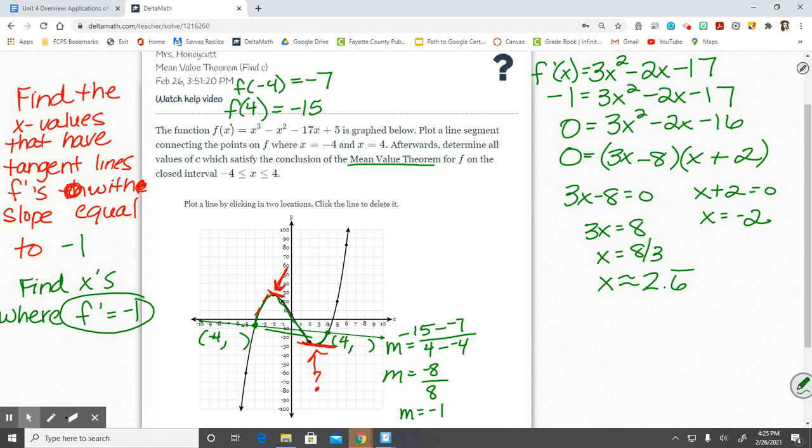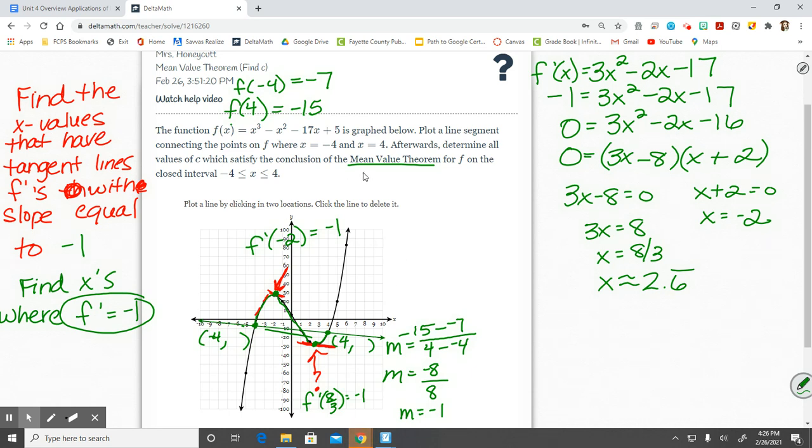Hey, we said that it looked like that was happening at x equals -2, which is right here. So f prime of -2 equals -1. And it was also happening at 2.6, which is right there. F prime of 8/3 equals -1.